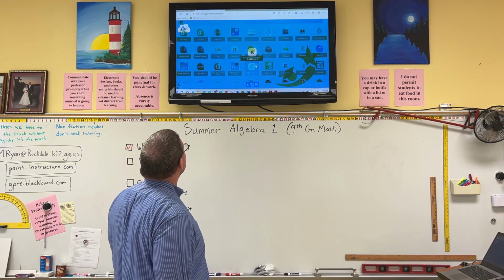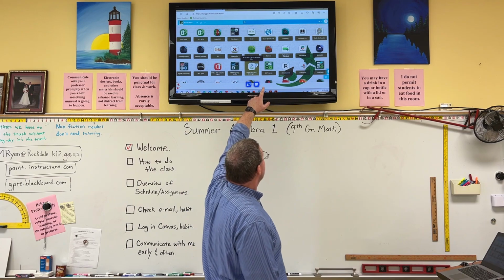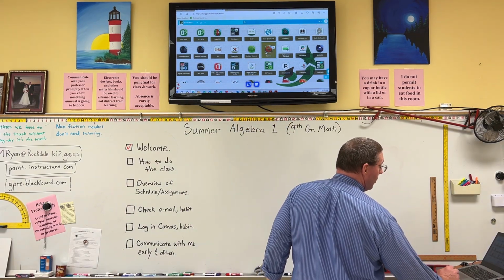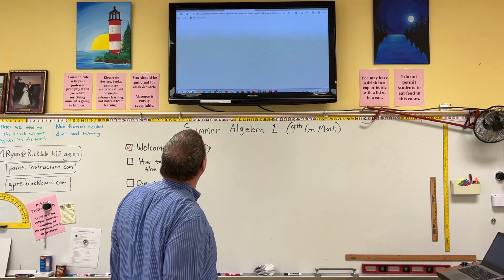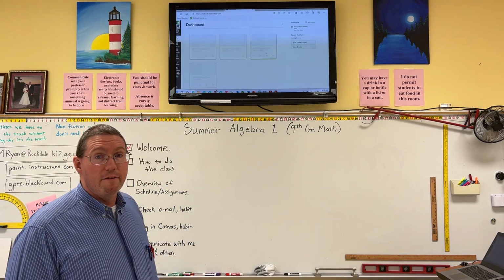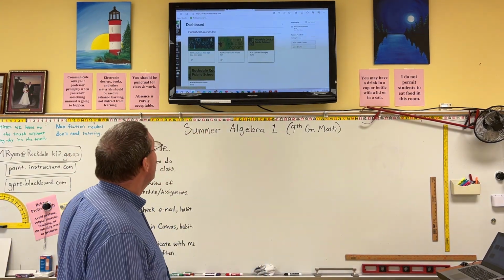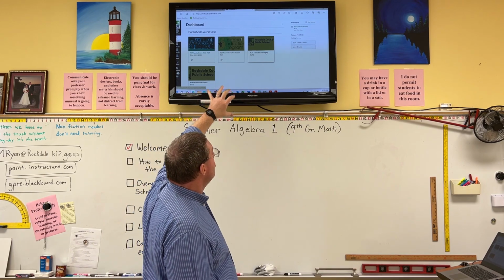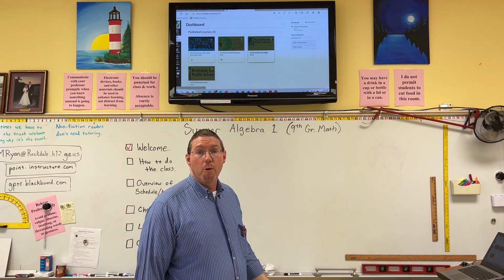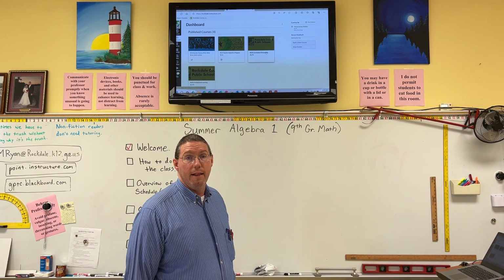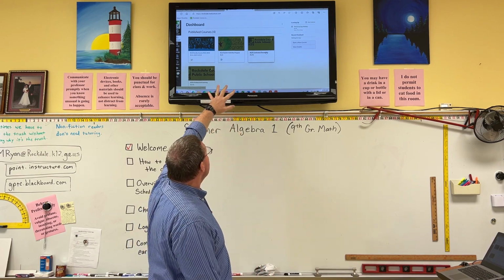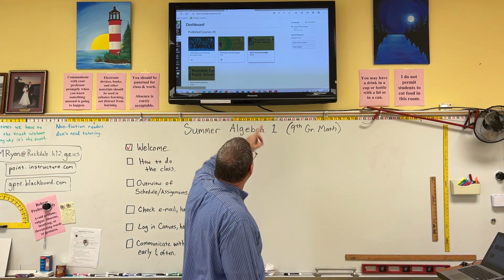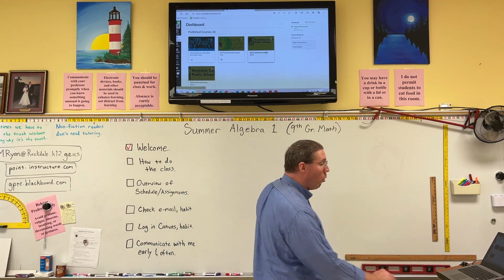Once you sign in to ClassLink, you're going to find the one that says Canvas. When you click on Canvas, it's going to open up and it's going to go to what's called your Canvas dashboard, okay? On your Canvas dashboard, you should see the Algebra 1 or the 9th grade math class. If you do not see it on your dashboard, then over on the left, you have to click on Courses.